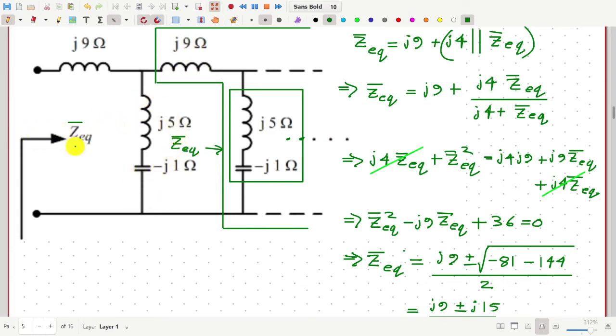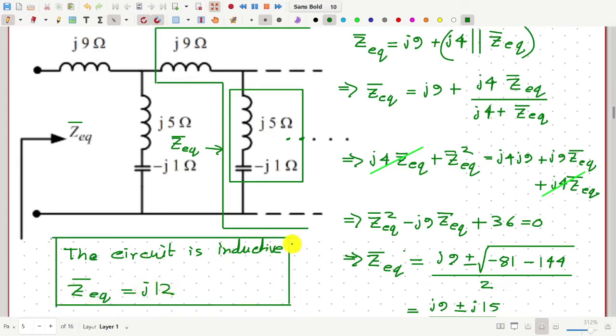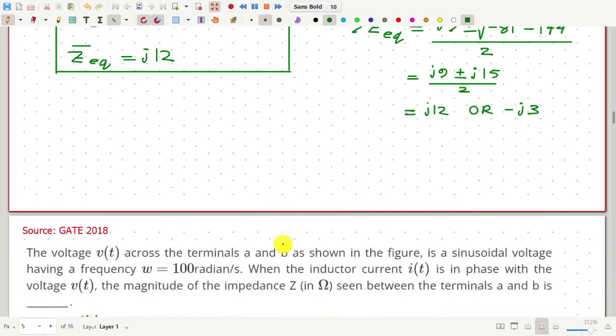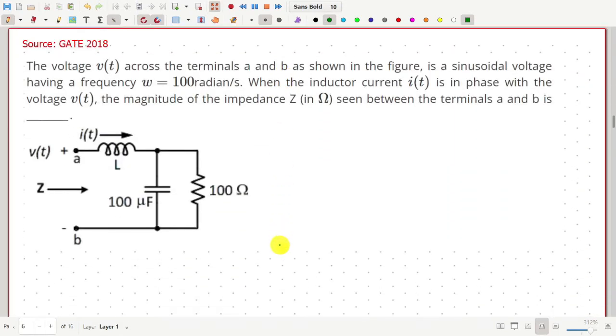It continues forever. So finally, the result must be inductive in nature. The circuit is inductive. From that, we can conclude Z equivalent is j12. Okay, so let's move to the next question.